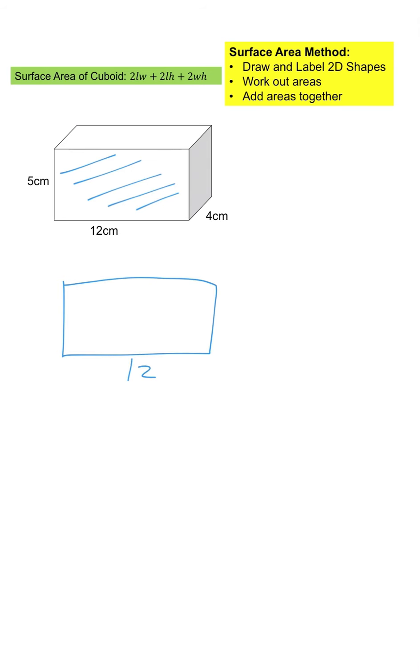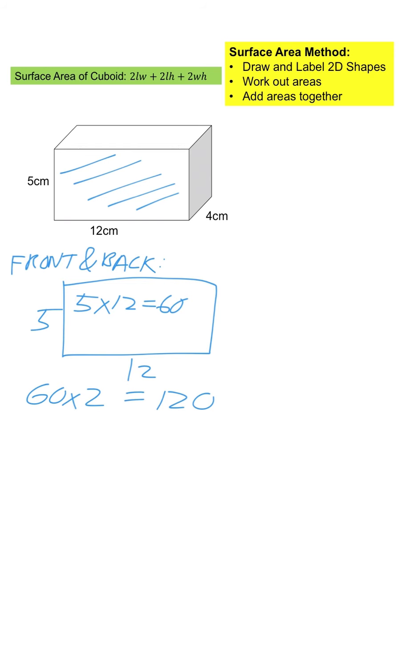That'll be 12 and 5. So I have 5 times 12 is 60. But then remember, the front and the back are going to be the exact same in a cuboid. So then I need to do 60 times 2, which is 120. Okay, so now we'll have a look at the sides.